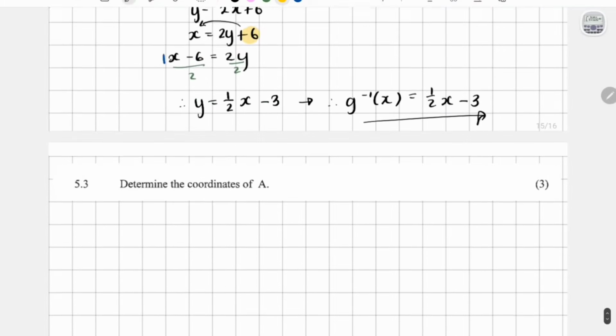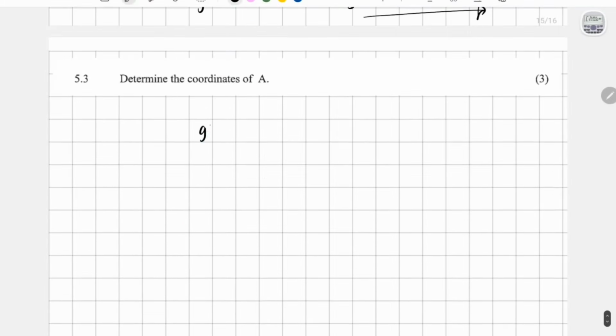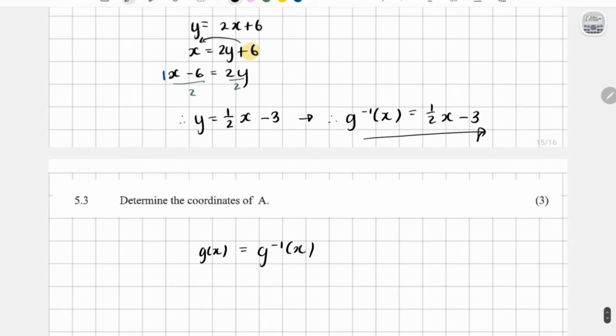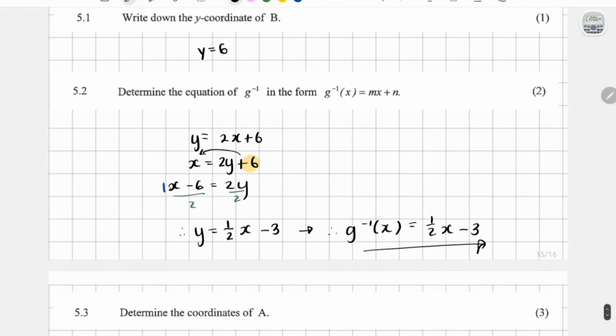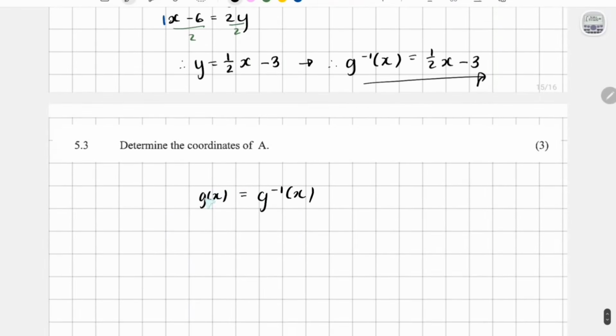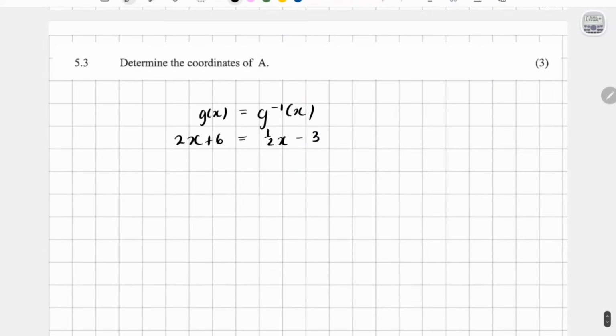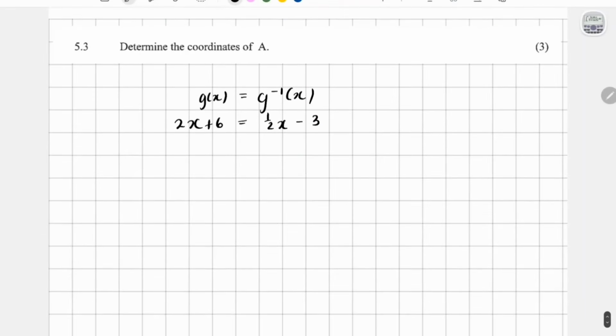So we're going to take the equation of g of x, and we're going to make it equal to the inverse of g. Okay, so that is going to be, like we already know, this one is 2x plus 6. That's the equation of g of x. 2x plus 6 is equal to a half x minus 3. Okay, so just have to solve for x now. So I'm going to put the x's on one side.